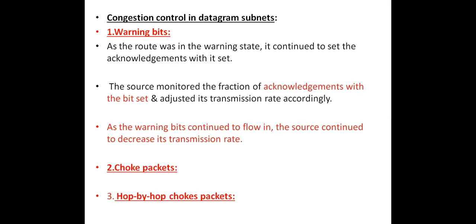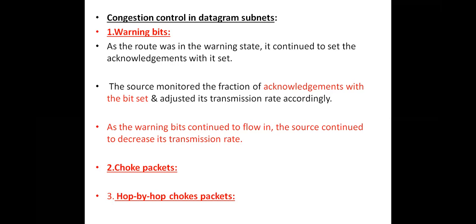That is called back pressure. Whenever there is a warning bit, the sender will reduce the transmission rate from 8 to 4. Again there is a warning bit, so the sender will reduce the transmission rate from 4 to 2.